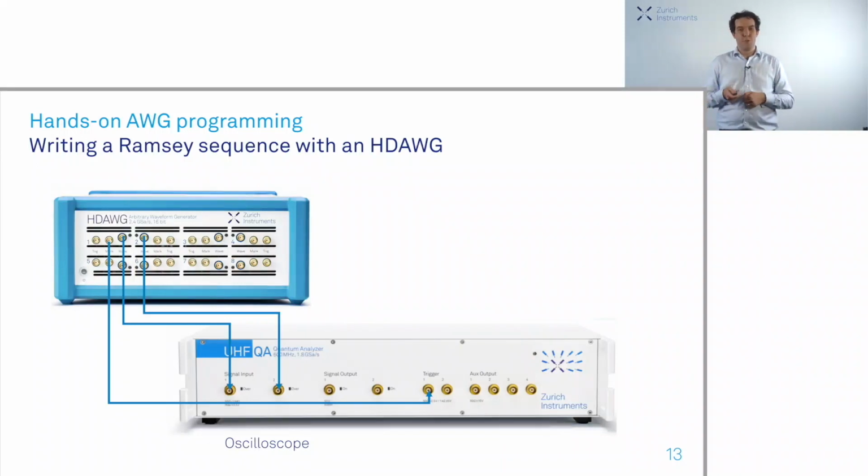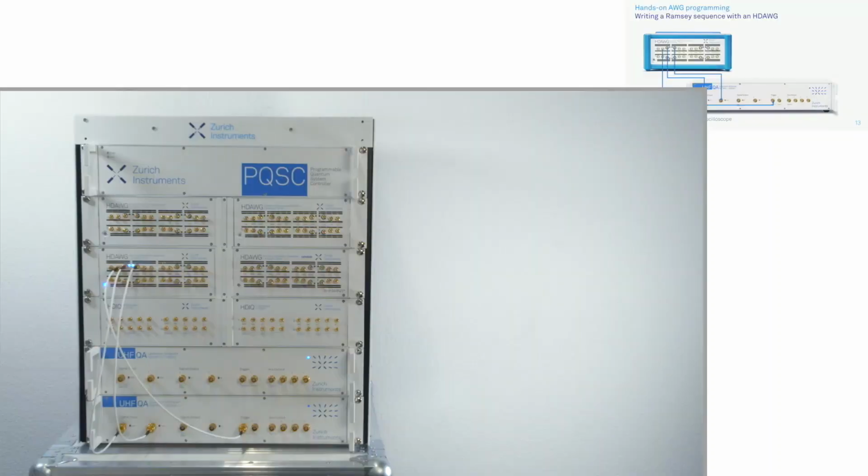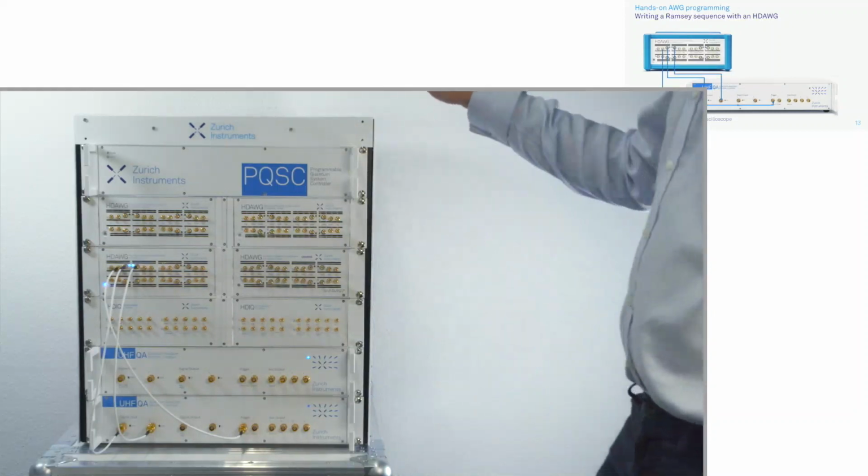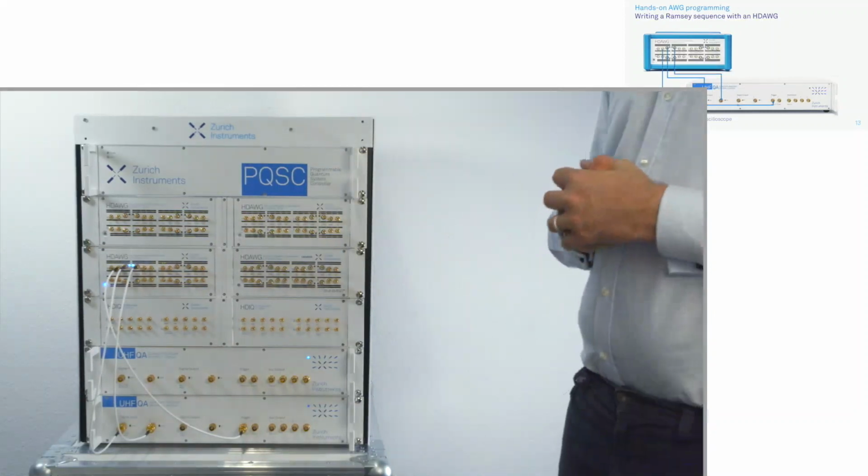And for this, what we will do is we will connect the outputs of our arbitrary waveform generator to the oscilloscope, which is included anyway in our quantum analyzer. And we will use this oscilloscope to have a look at the output of the AWG. Good, so now in the upper part of your screen, you should see now the live stream of our quantum computing control system.